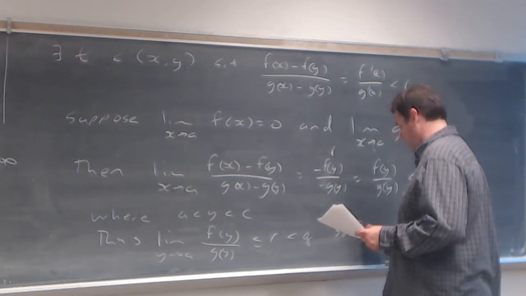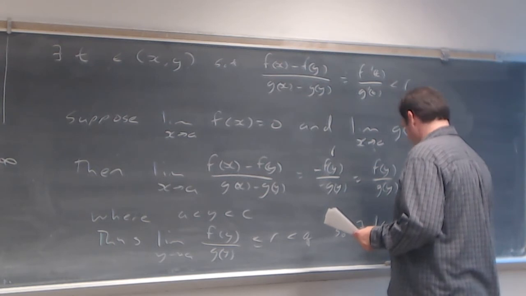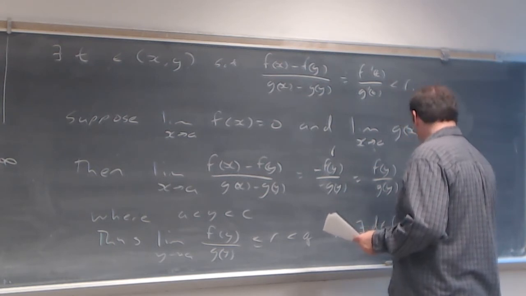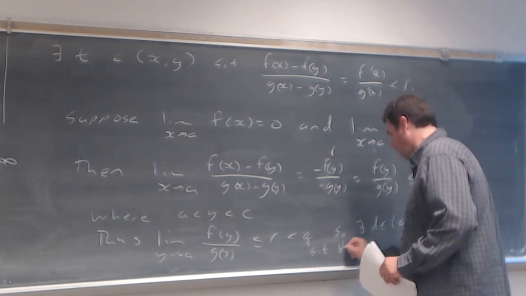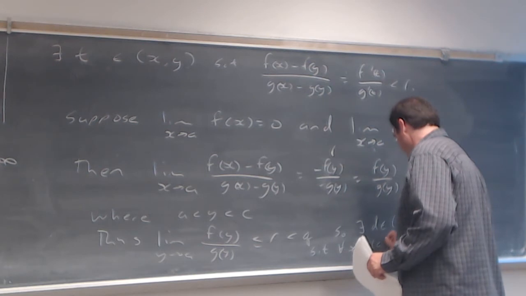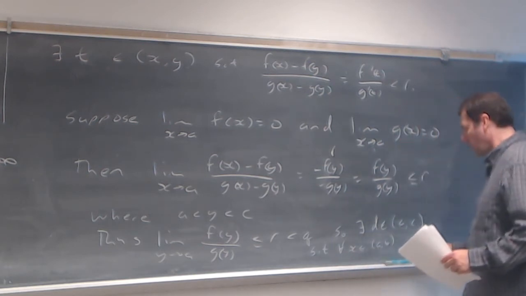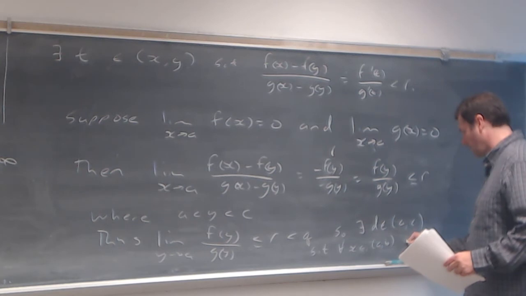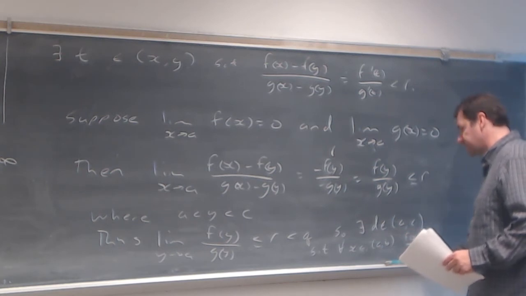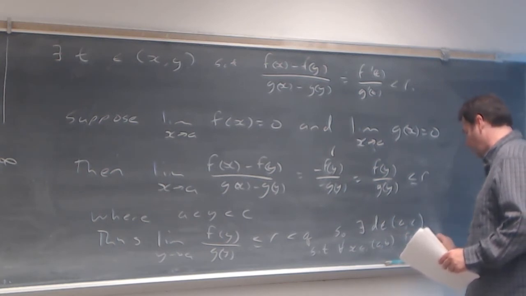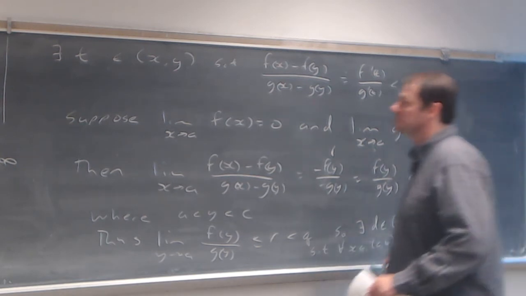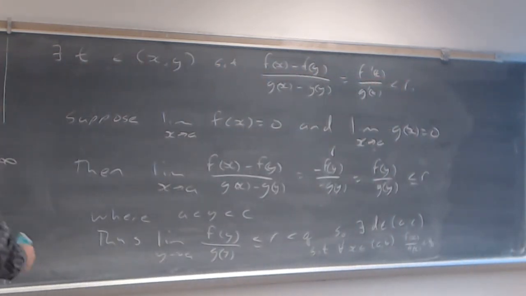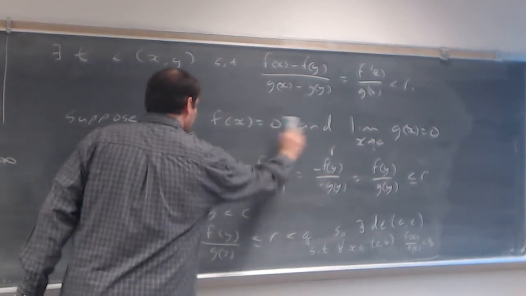So there exists a d element of (a, c) such that for all x element from (a, d), f of x over g of x is less than q. That's what we wanted to show. So that proves the theorem in this case, where a is considered to be minus infinity, and we're assuming part one of the hypothesis.